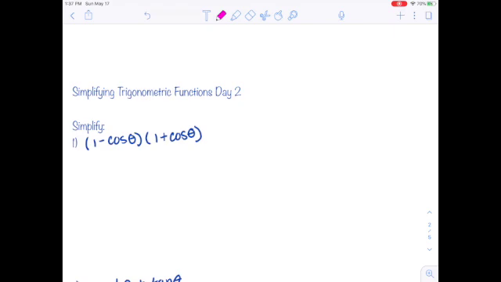One option is to distribute it out or re-FOIL it. You can also notice for sure that that is the expansion of a difference of two squares. I'll treat it just like a FOIL. You get 1 plus cosine of theta minus cosine of theta minus cosine squared theta.